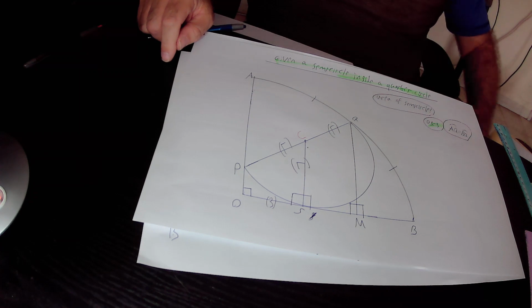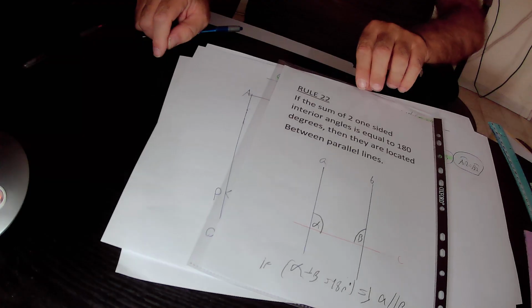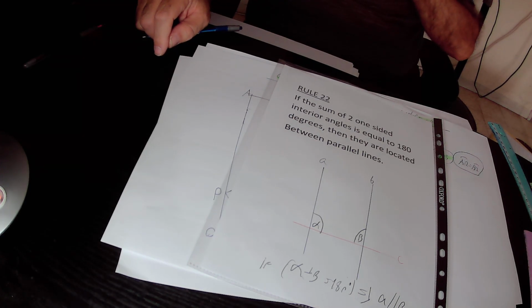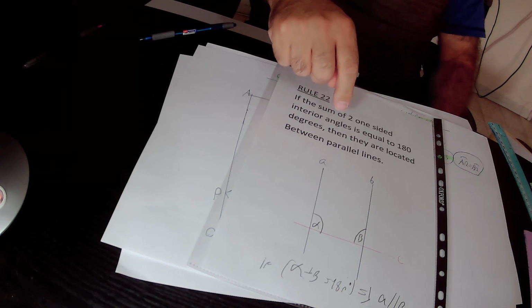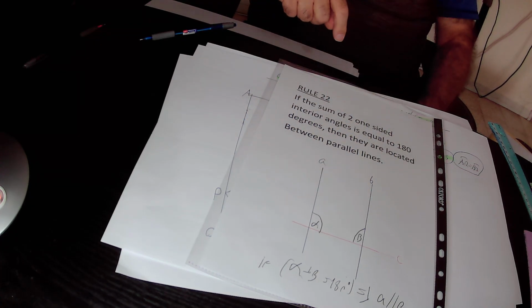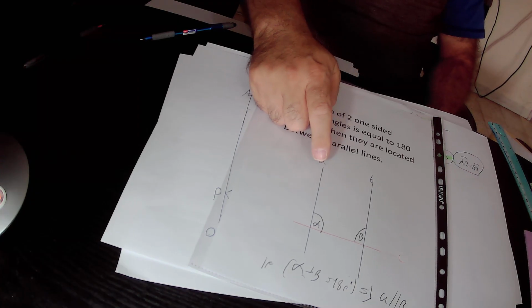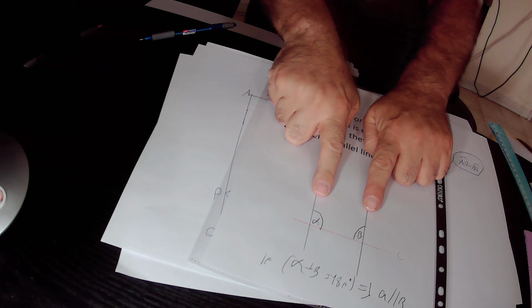So I can quickly recall rule 22. According to rule 22, if the sum of two one-sided interior angles is equal to 180 degrees, then they are located between parallel lines. We have two lines, A and B, and there is a line C that cuts those two lines, A and B. Those two angles are defined as interior angles.